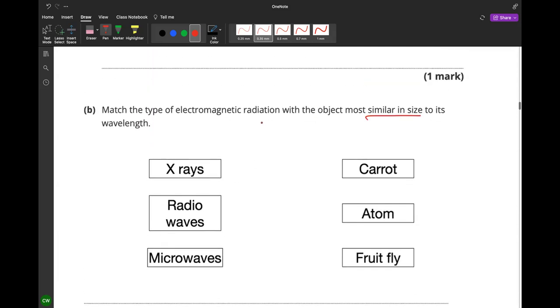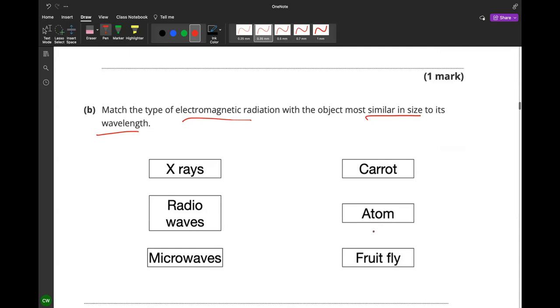Match the electromagnetic radiation with the object similar in size to the wavelength. Which one has the shortest wavelength? X-ray, radio wave, or microwave? Shortest one is X-ray.